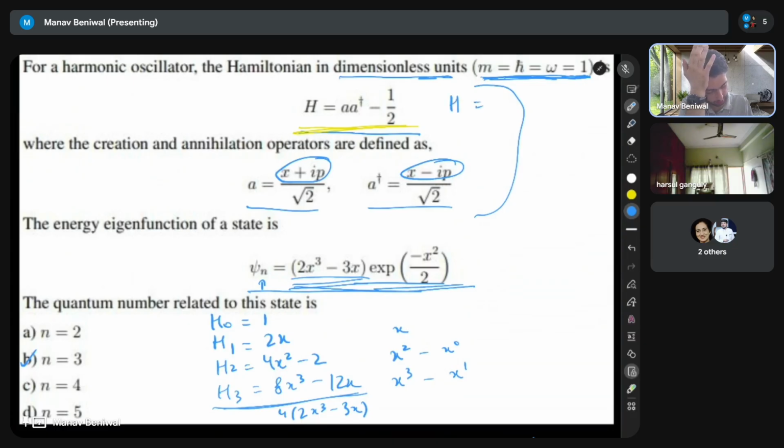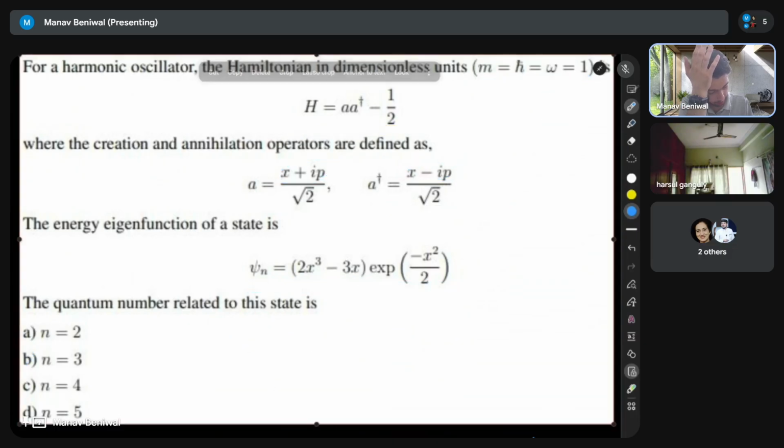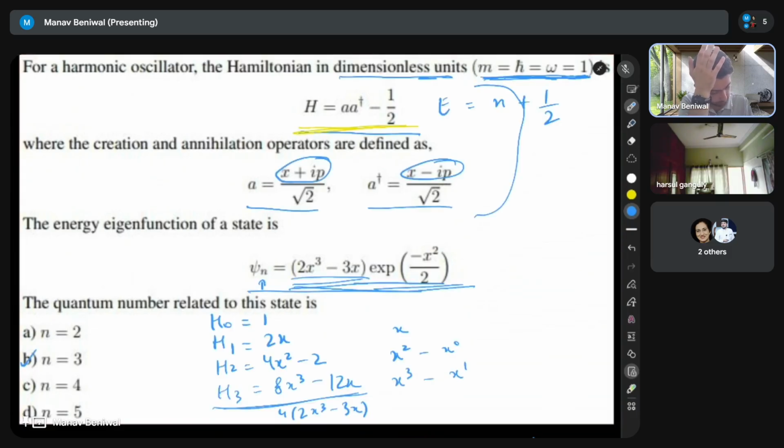Otherwise, even the energy is n plus half, h cut omega, right? If you take h cut and omega as 1, we get E as simply n plus half.